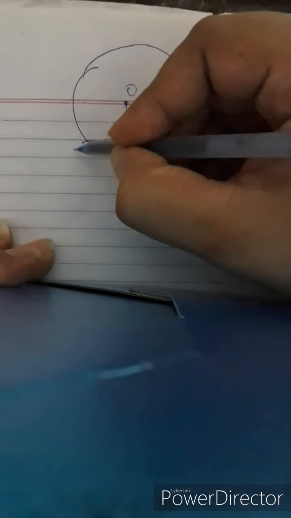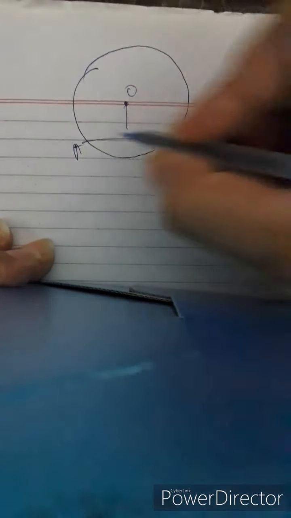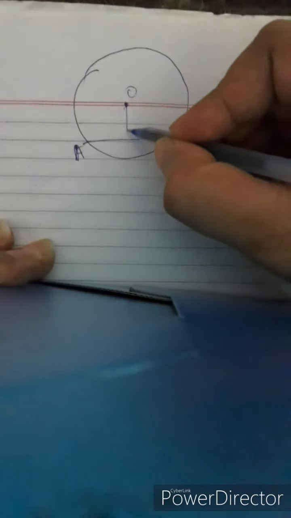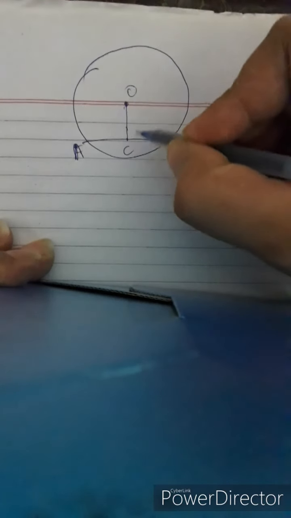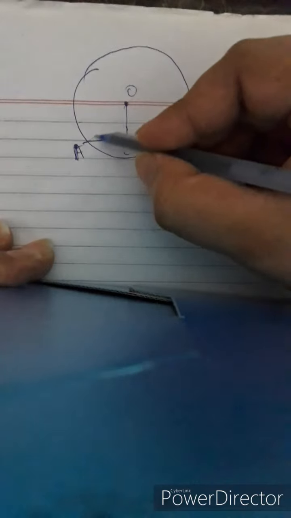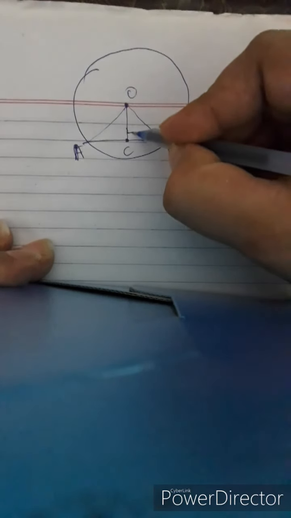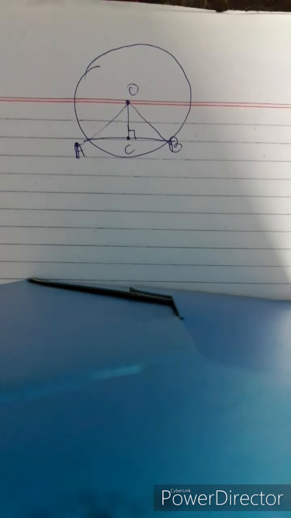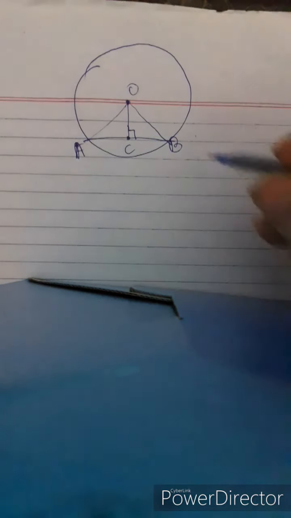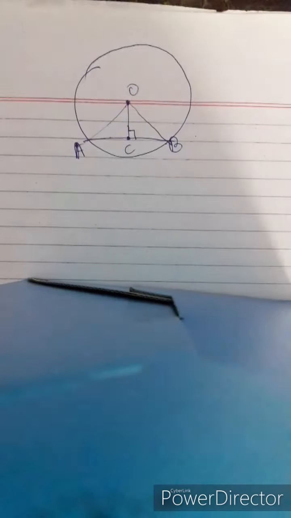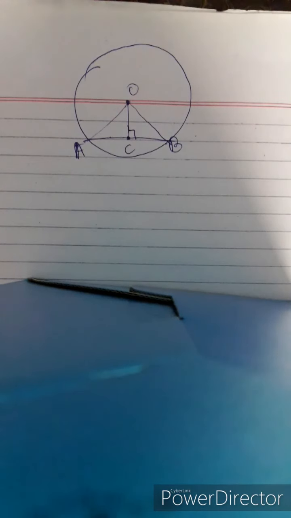Suppose AB is the chord of the circle and OC is the straight line from the center to the chord. Let us join OA and OB. It is given that OC is perpendicular to AB. Now we have to prove that AC equals BC, that is, the straight line bisects the chord of the circle.